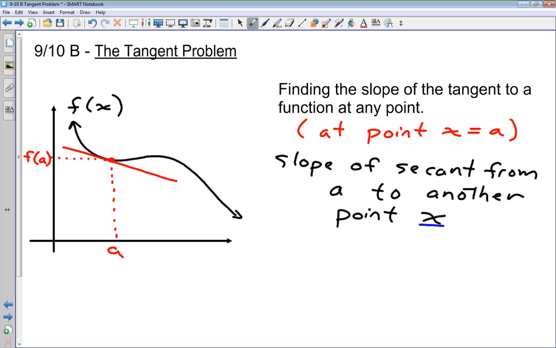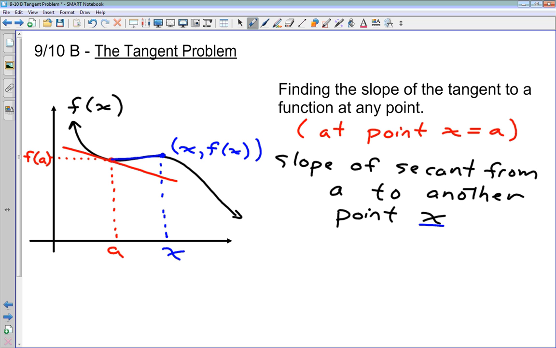So we pick some other value of x, which we're actually going to call x. Then we draw the secant line from a to x. So this point here is going to be x, f at x. We can calculate the y coordinate just using that function.